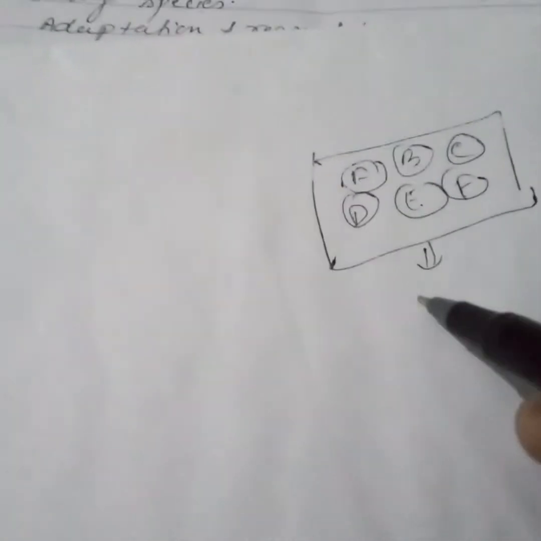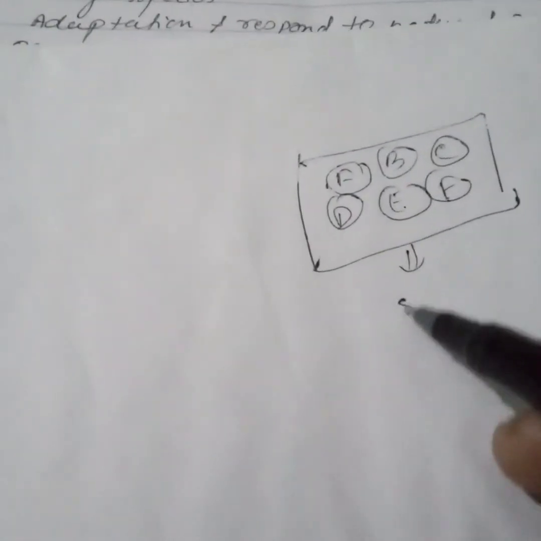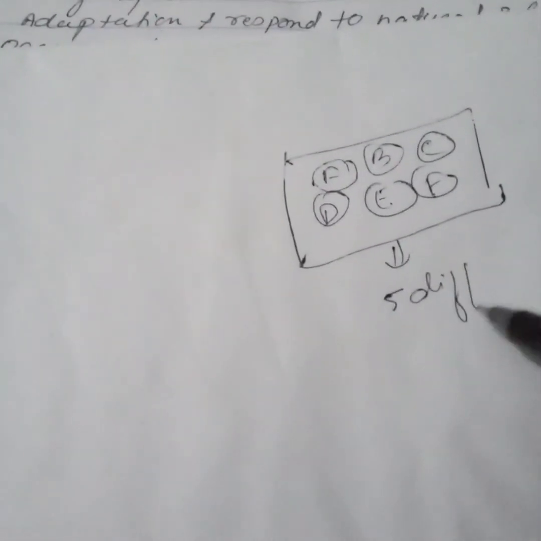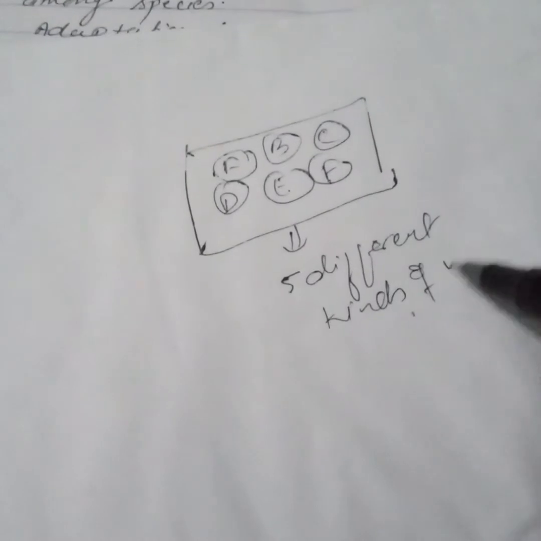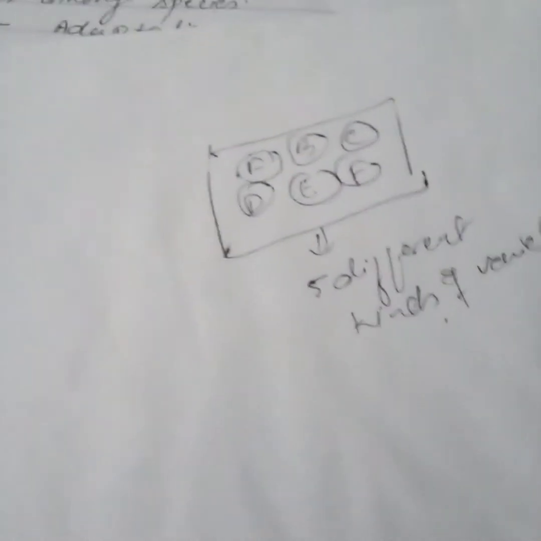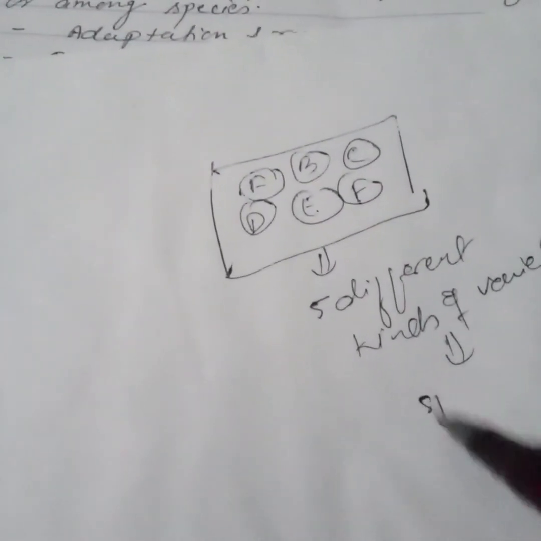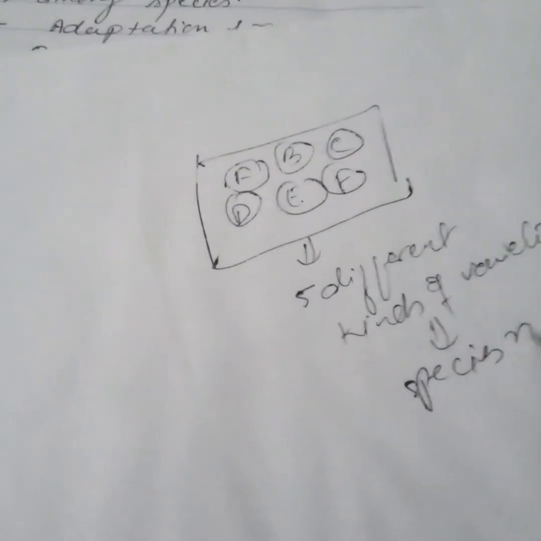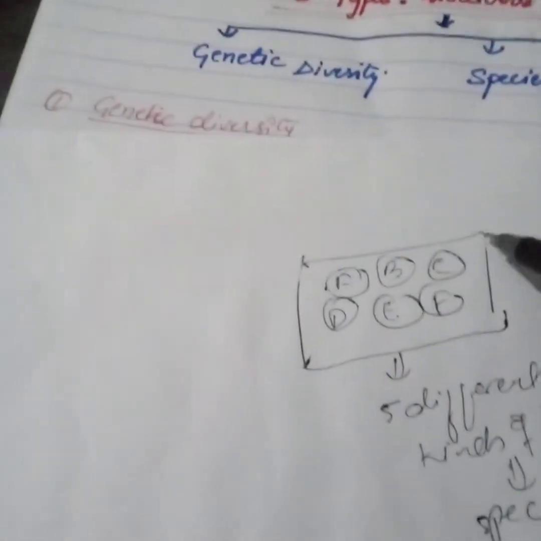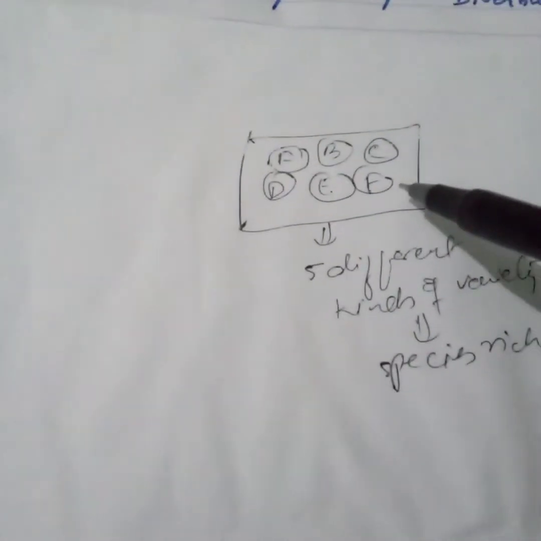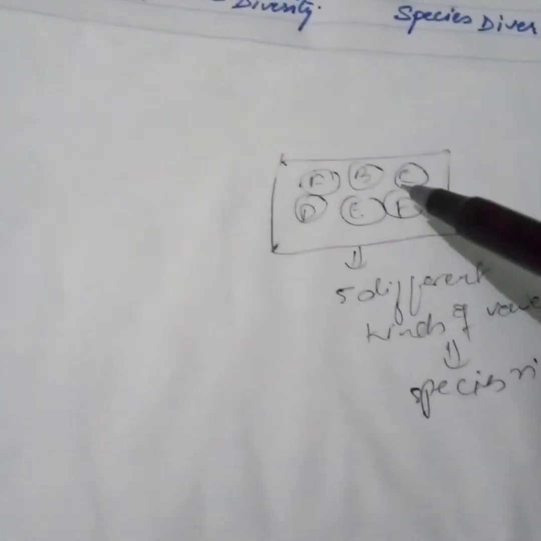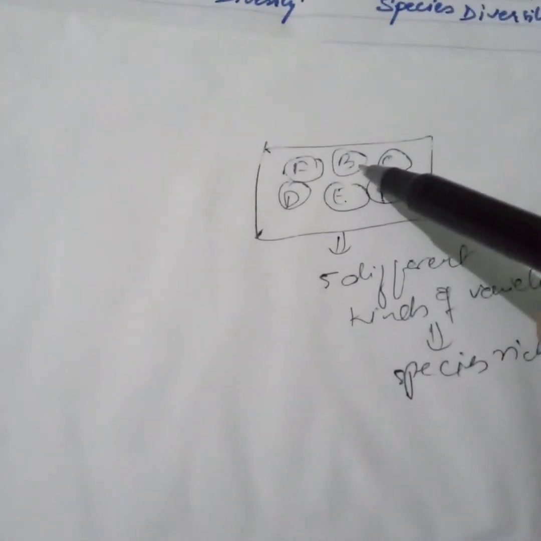So it is known as species richness. So 5 different kinds of variety is called species richness.